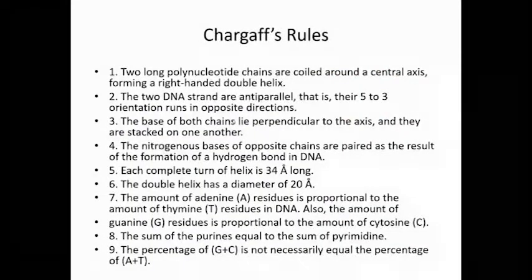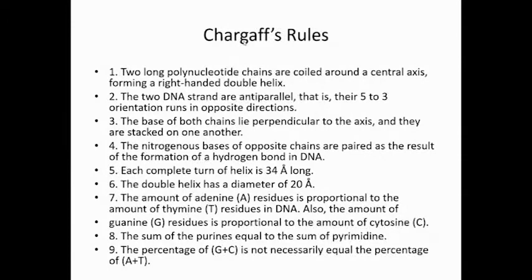So basically the double helix DNA meets the requirement of Chargaff's rule. The 2 DNA strands are anti-parallel, so the 5' to 3' orientations run in opposite directions. Each turn is 34 angstrom, which is 3.4 nanometer.